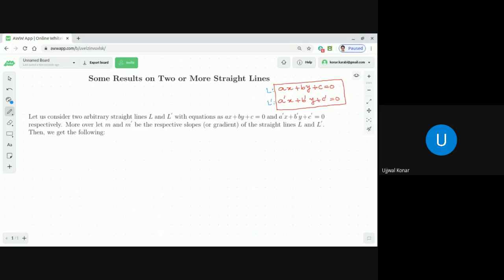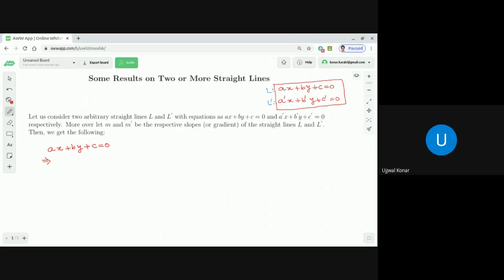I discussed this in one of our previous lectures, but let me tell you again, because this is a very important part. Look at the first equation, ax plus by plus c is equal to 0. Our target is to express this equation in the form y equal to mx plus c.